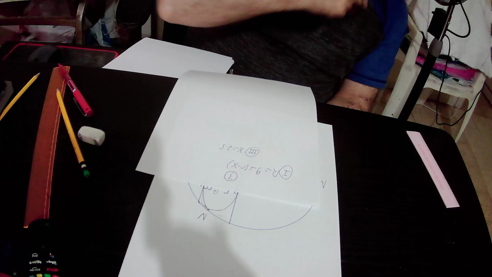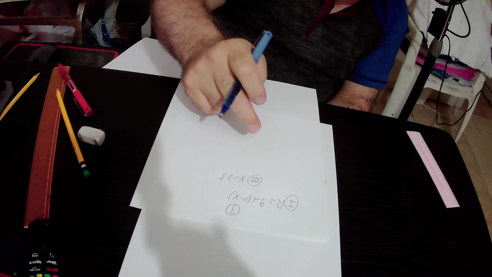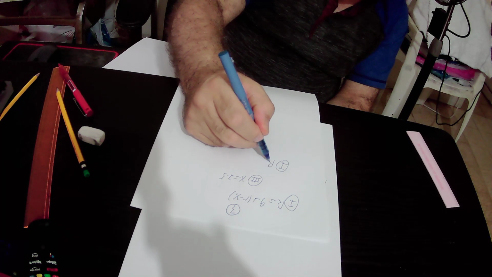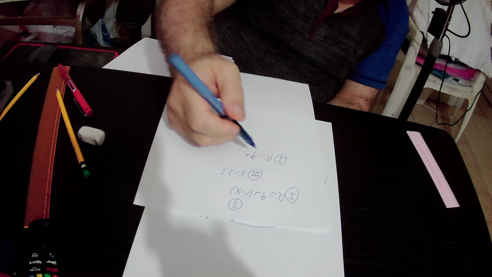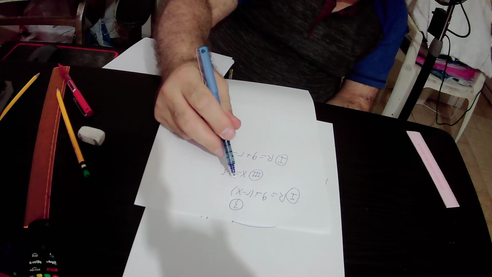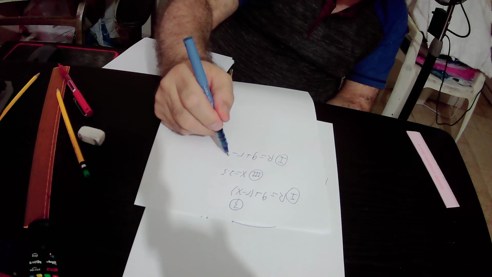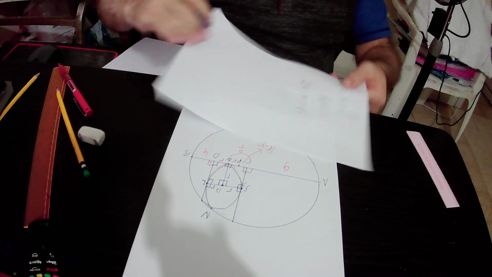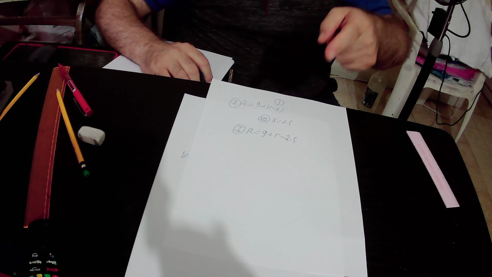So we can substitute x in equation number 1 by 2.5 units, and we will get that R equals 9 plus small r minus 2.5. Instead of x, we write 2.5 because x equals 2.5 units.